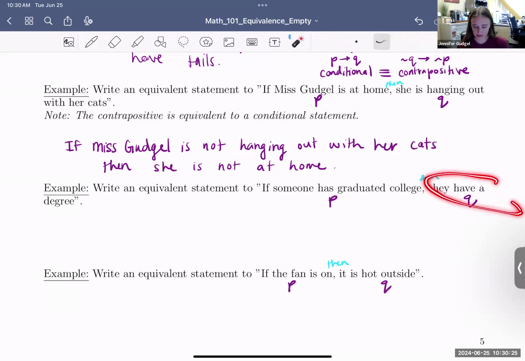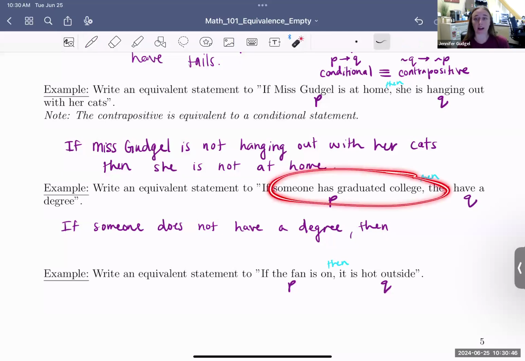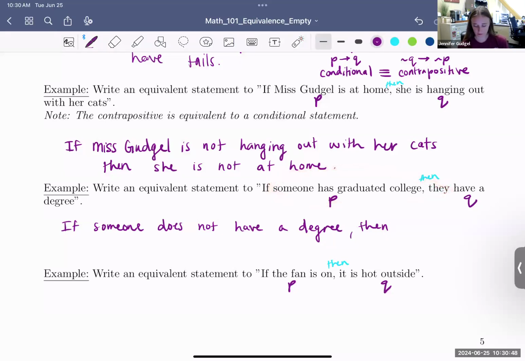All right, again, we want to do the second first and negate it. If someone does not have a degree, then they did not graduate from college, or they have not graduated college.